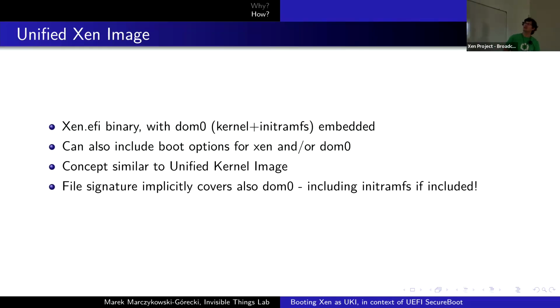And all of that is in a single UEFI binary, and you can sign this binary, which means you get implicitly all of that protected from any malicious modifications. So you don't need to worry anymore about whether some option is dangerous or not. You can lock down the command line for both the kernel and Xen.